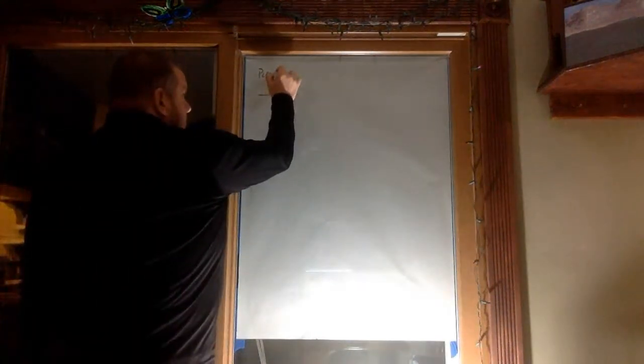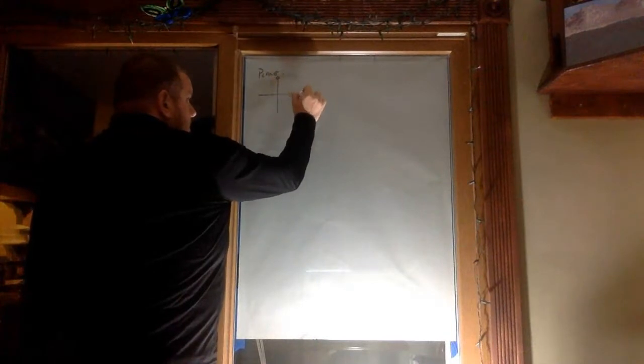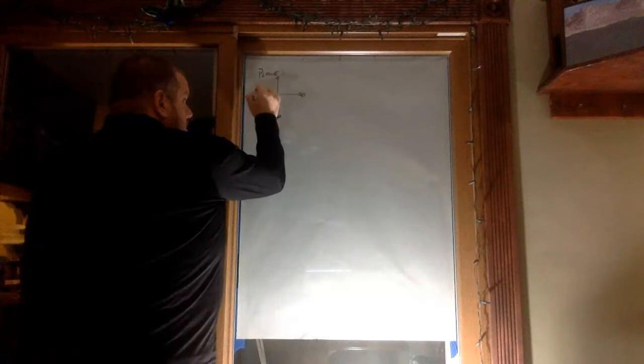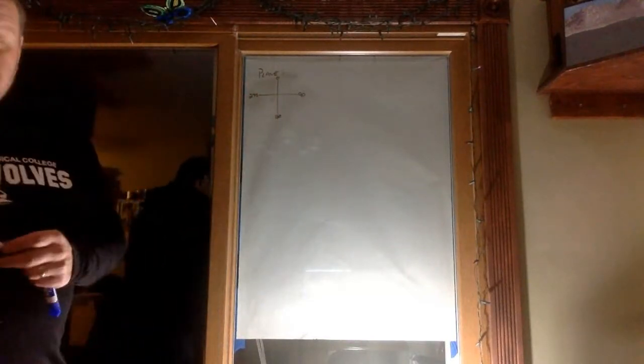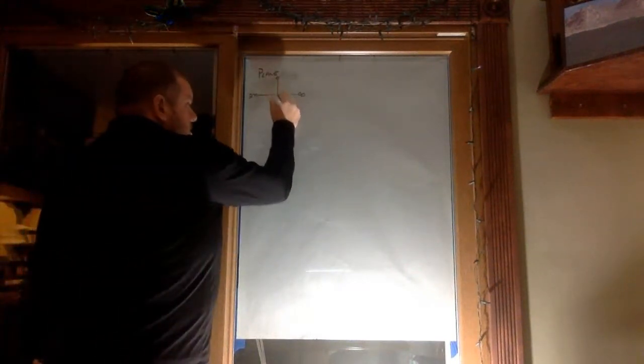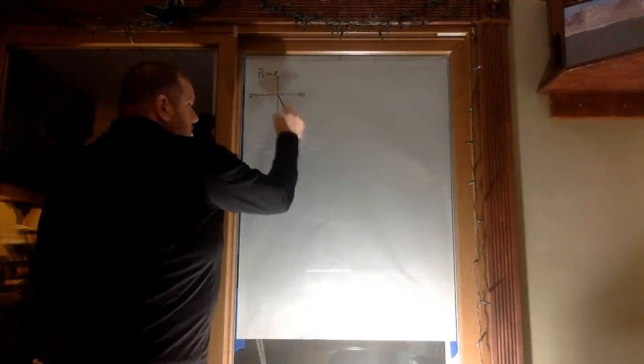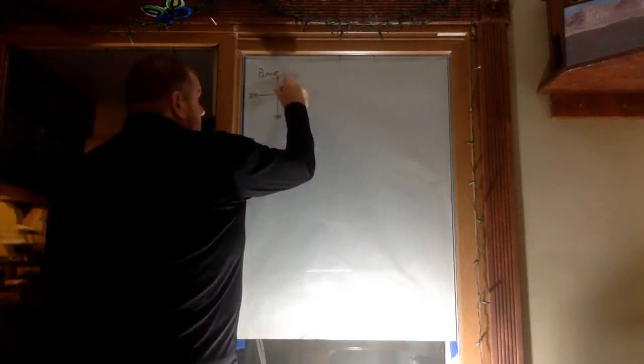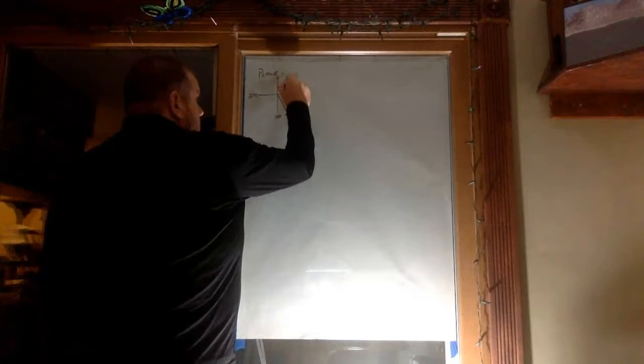So a bearing of 150 degrees has 0, then east is 90, south is 180, west is 270. So a bearing of 150 degrees is down that way. Okay? So this angle right here is 150 degrees.